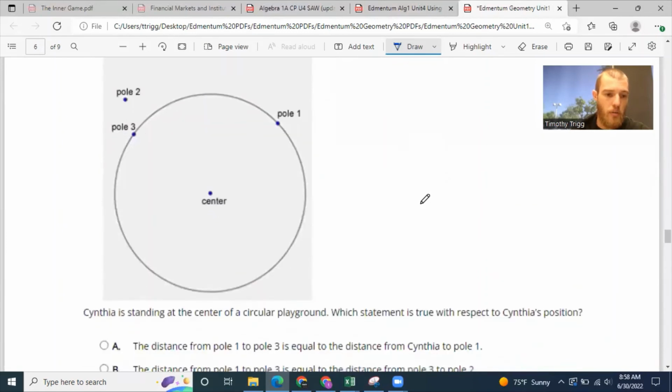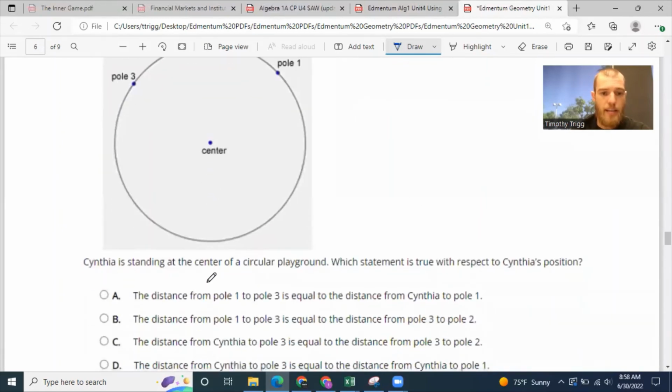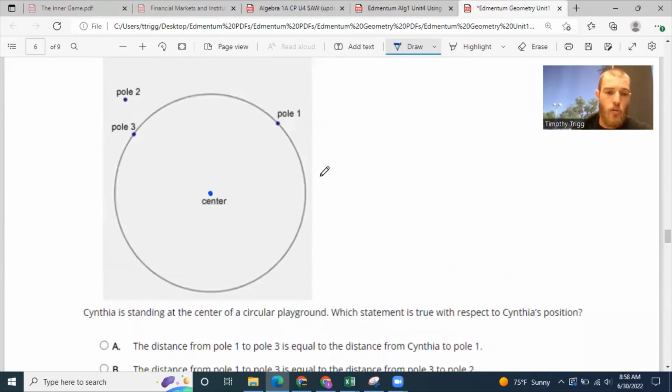So here we have a circle. Cynthia is standing at the center of the circular playground. So Cynthia is standing right here at the center. Which statement is true with respect to Cynthia's position? Remember, the distance from the center of a circle to any point on the circle is called the radius. And that radius is the same distance from the center to any point on that circle.